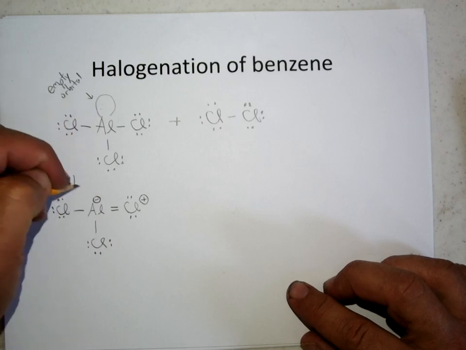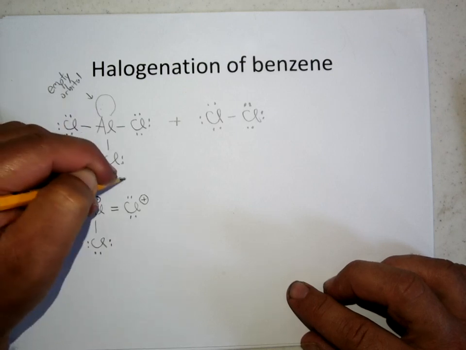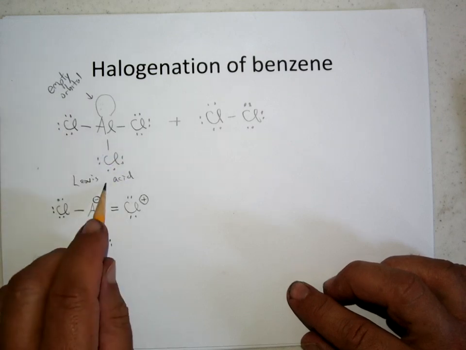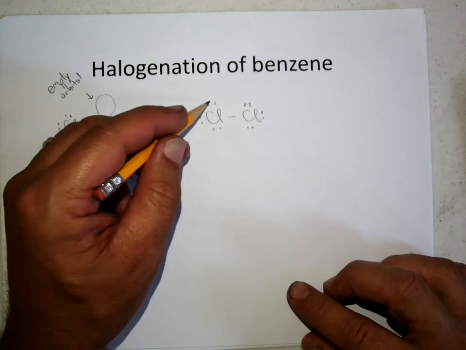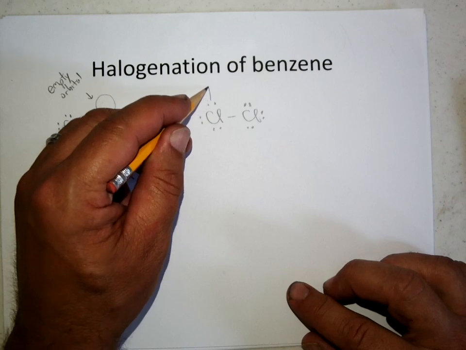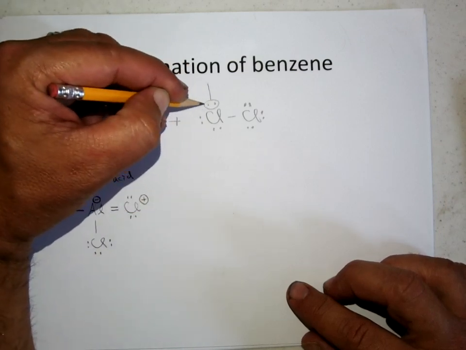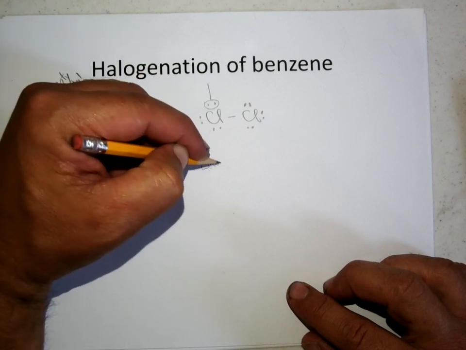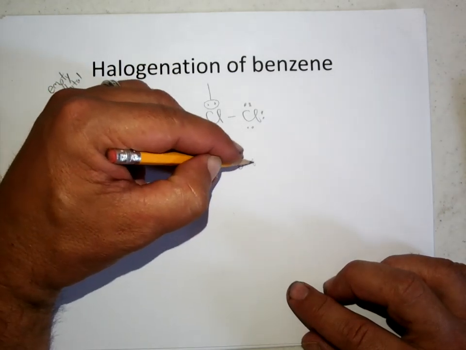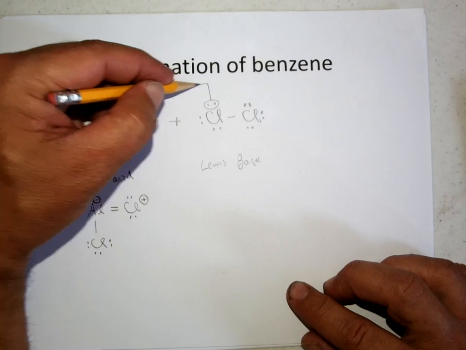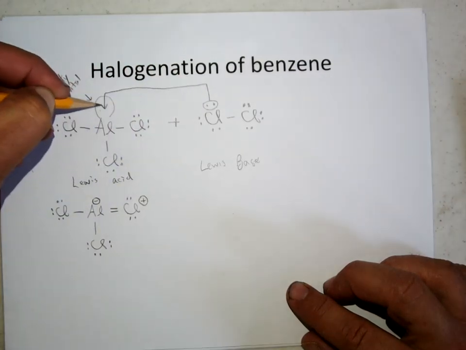Because this has an empty orbital, that's going to make it a Lewis acid, which is an electron pair acceptor. So if you take a chlorine off of the chlorine molecule, its lone pair of electrons would make it a Lewis base. So this Lewis base can go and react with the Lewis acid.